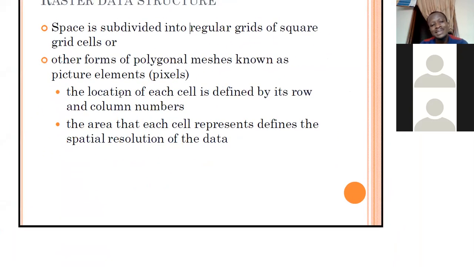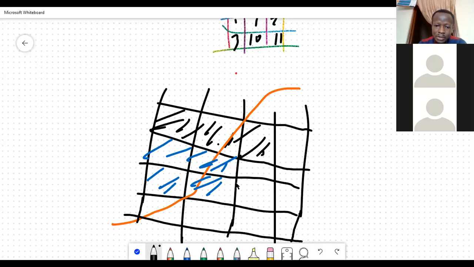Now, fundamentally, there are a few things we need to understand in the raster data model. The first one is that the location of each cell is defined by its row and column numbers. The cells are the squares, and the location of each cell is defined by the row and column numbers.